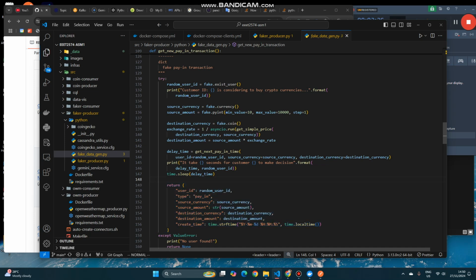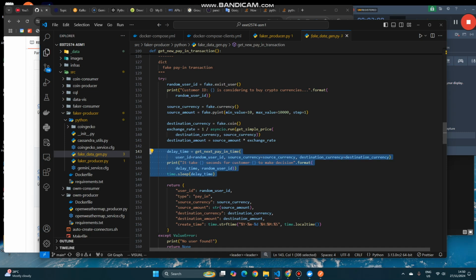Okay, and one thing to note is this one. Why do we have the delay here? If we don't have the delay, the container is running and generating hundreds of transactions per second, which is meaningless.